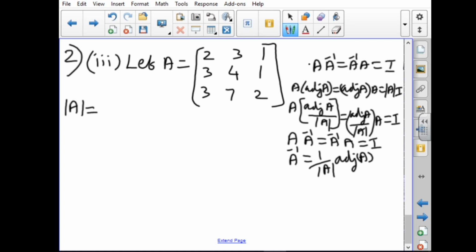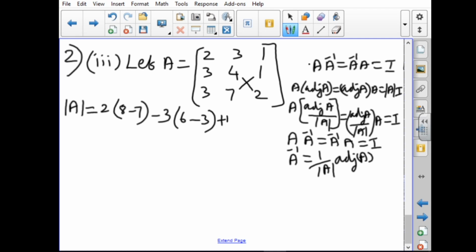What do you get? 2 into 4, 2s are 8, so 8 minus 7. Then here we get minus 3. We have learnt already how to expand it. So minus 3 into, we leave the column and the row, so it is 3 2s are 6, 6 minus 3.